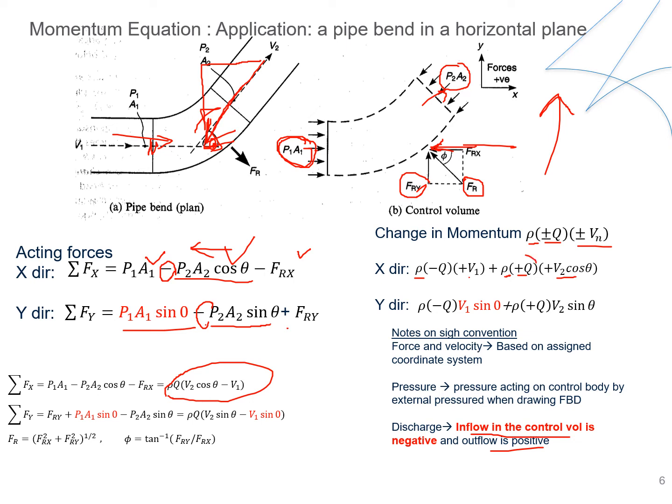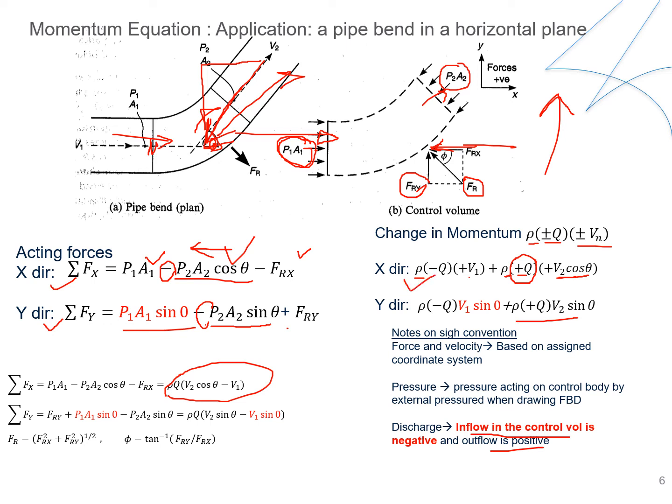Okay, so Q is outflow, that's why positive, whereas velocity component is based on its own direction. Okay, so V2 is this direction, so V2 cos theta. Similarly for y, we apply the same concept and get this equation. Okay, so we have the acting forces in x, acting forces in y.